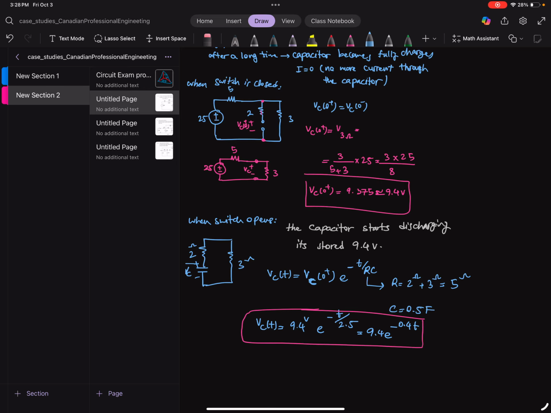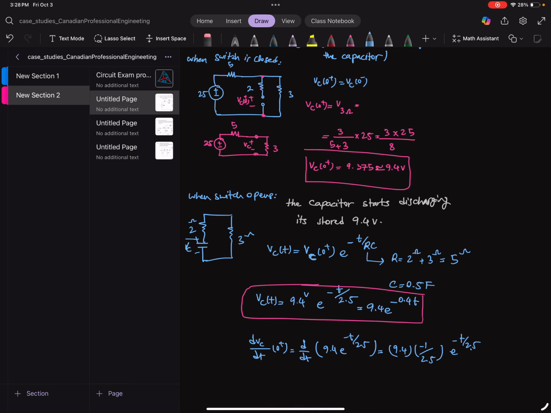Let's write this. dVc/dt at time 0: let's take the derivative of 9.4 e to the minus t over 2.5, which gives 9.4 minus 1 over 2.5 e to the minus t over 2.5.